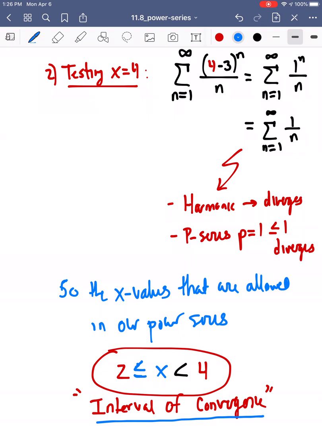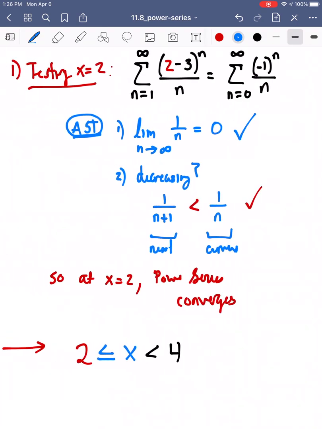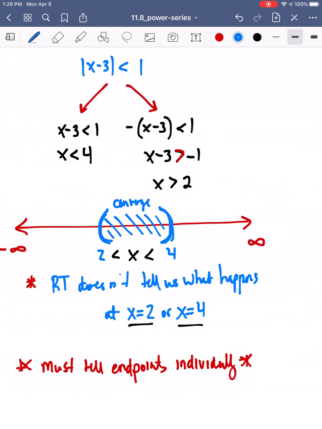For one other little piece of a definition mathematically, if we go back to our inequality, whenever we have an inequality of this form, where we have x plus or minus wherever it's centered at, less than some right-hand side, that right-hand side is what we call the radius of convergence.